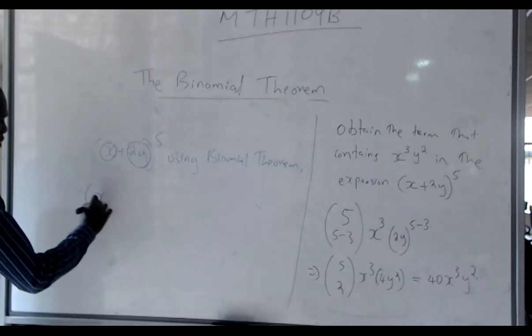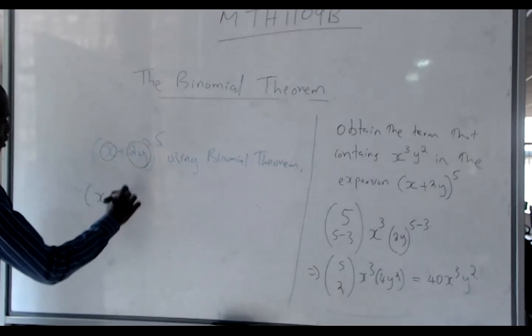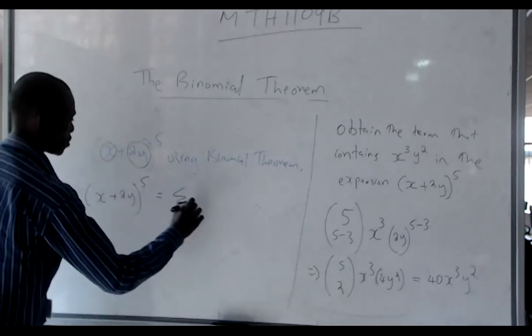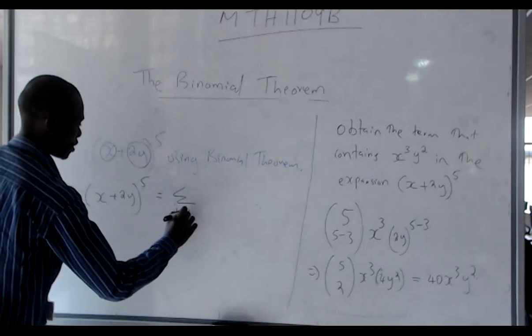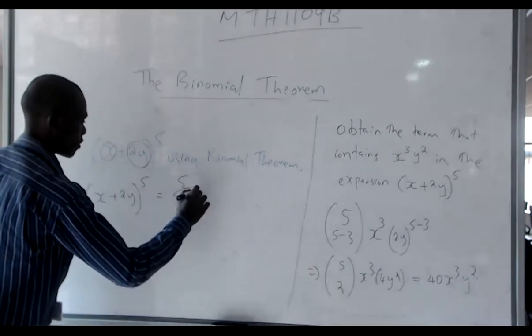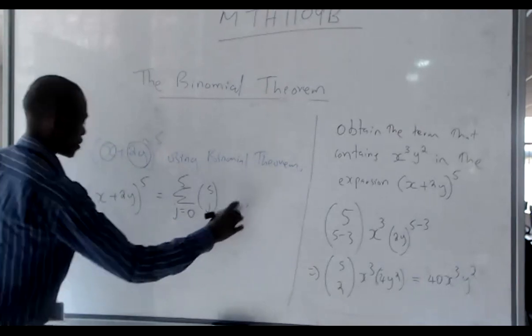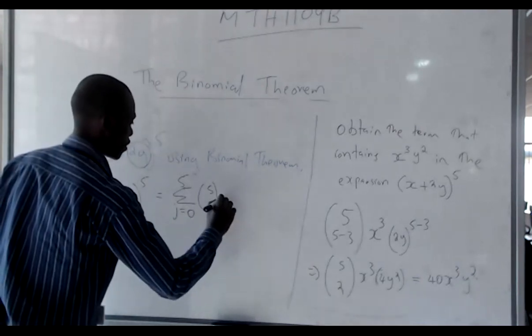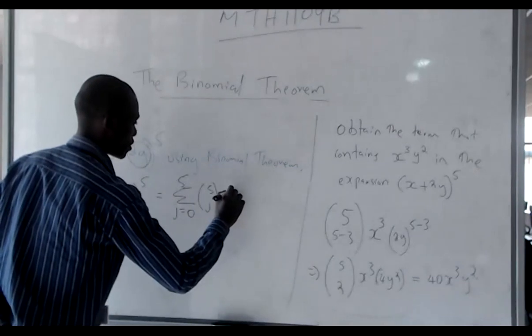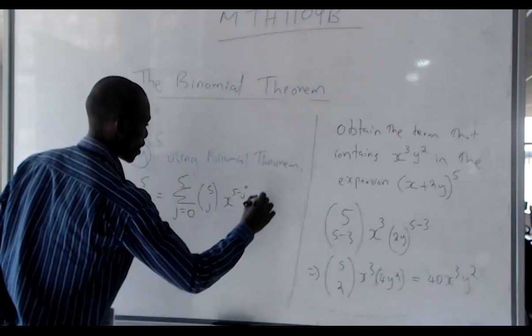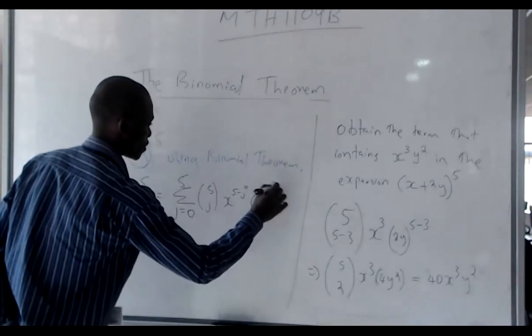We want to expand this term using binomial theorem. So the theorem tells you this should be the summation from j is 0 to 5 of 5 combination j of x raised to 5 minus j and then 2y raised to j.